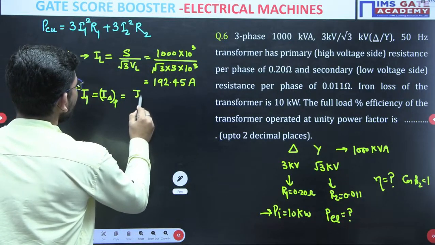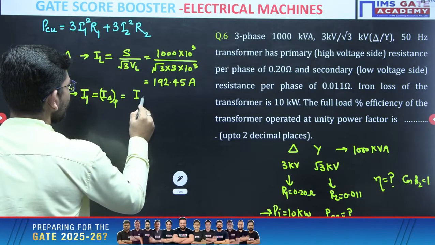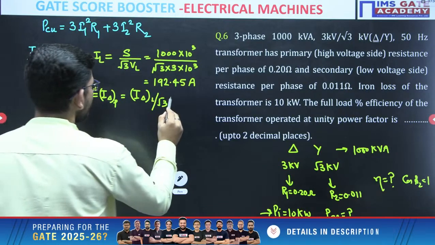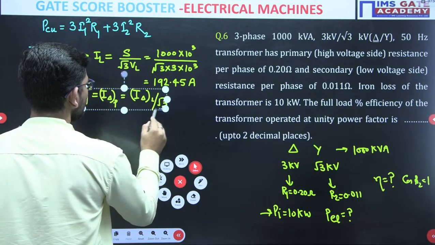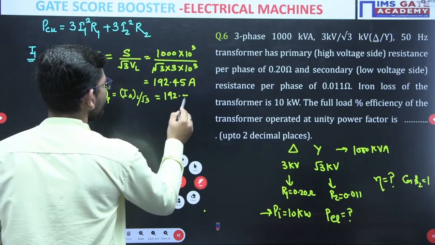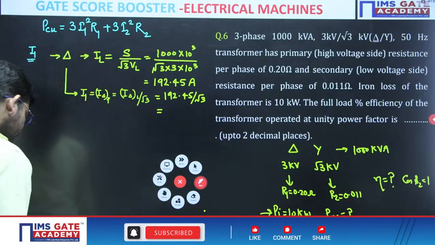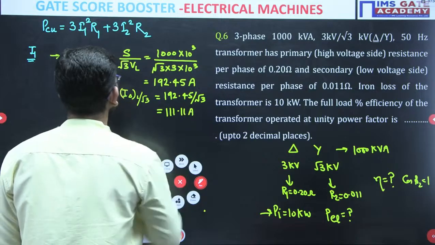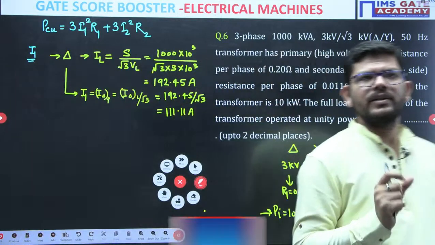So we will divide 192.45 by root 3. How much we will get? We will get 111.11 amperes, correct? So this is our primary current I1.